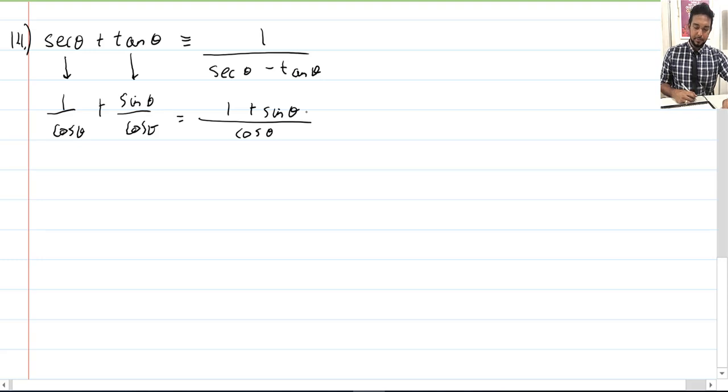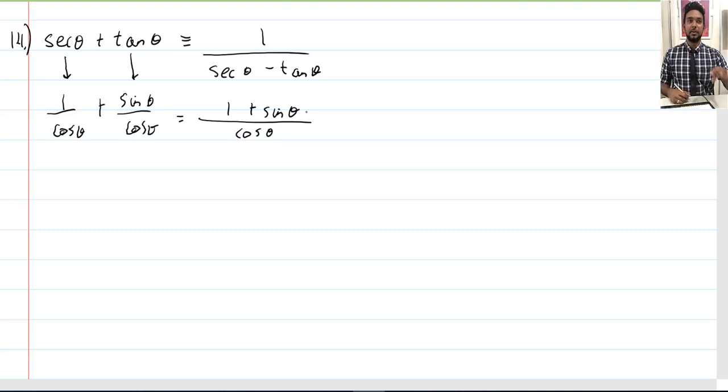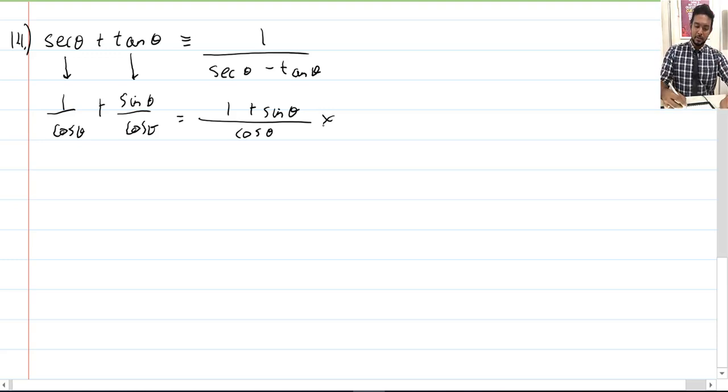Now, from here you must be wondering, what the hell? Where are we supposed to go from this? This requires a very specific application. You all remember surds, right? And how to rationalize the denominator, which required multiplying by whatever would make the denominator a difference of 2 squares. Well, here we can't make the denominator a difference of 2 squares, but we can make the numerator a difference of 2 squares by multiplying by its conjugate.